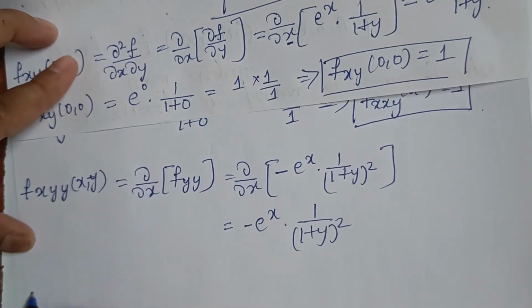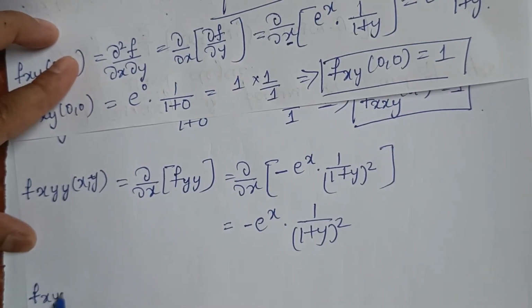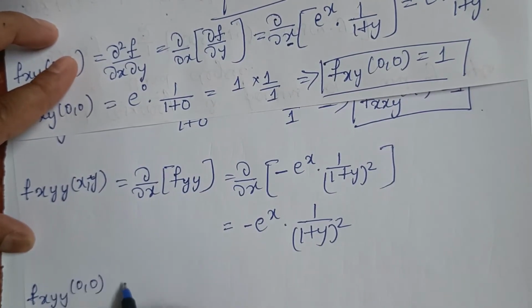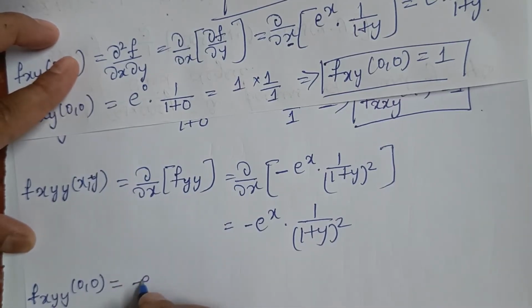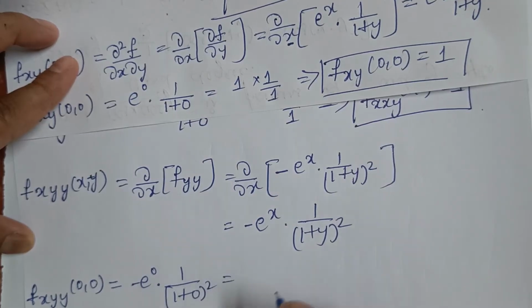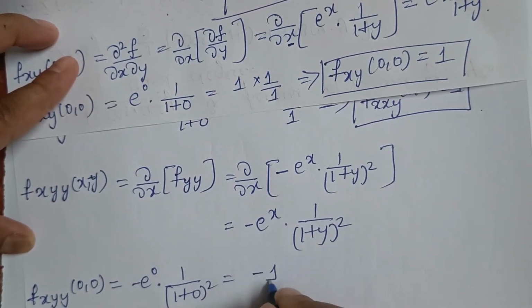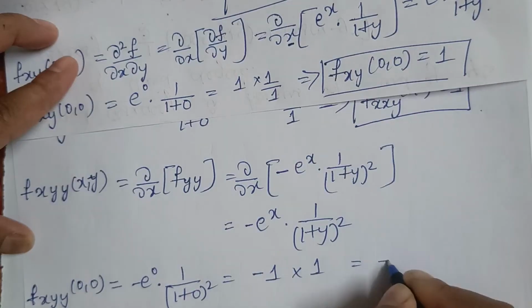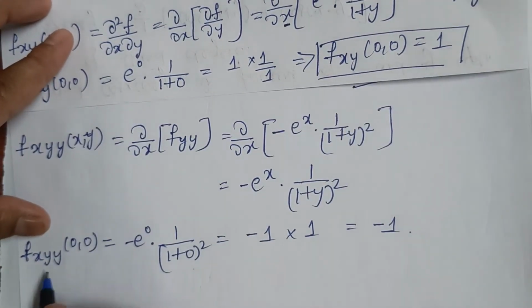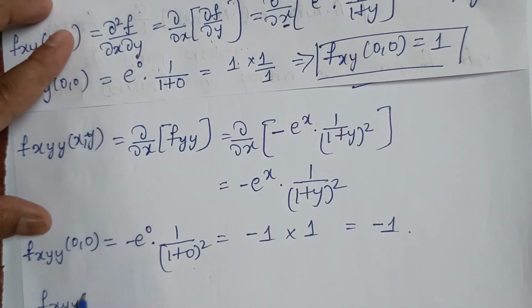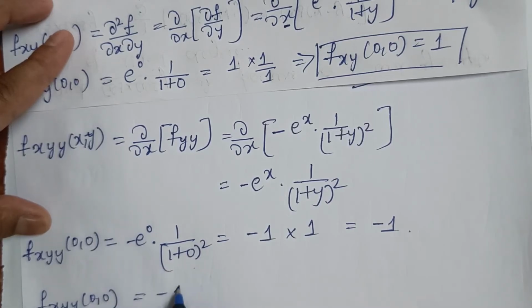So I can find out f suffix xyy at 0 comma 0 is equal to minus e power 0 into 1 divided by 1 plus 0 the whole square, which is equal to minus 1 into 1, minus 1, right? So I'll just write it down so that I can write it in the box.